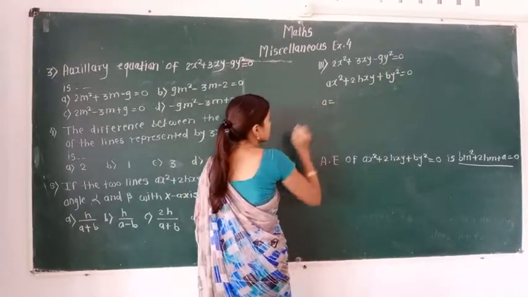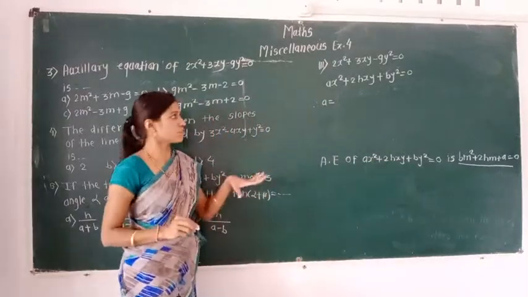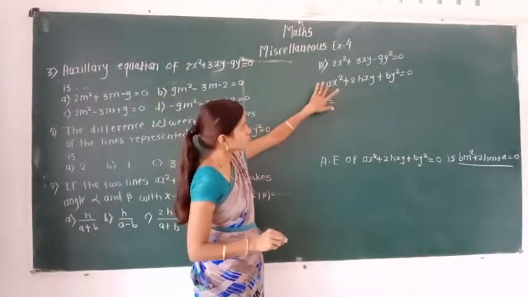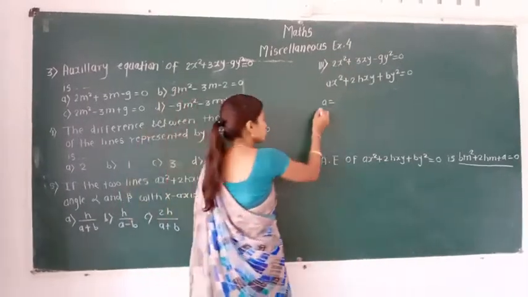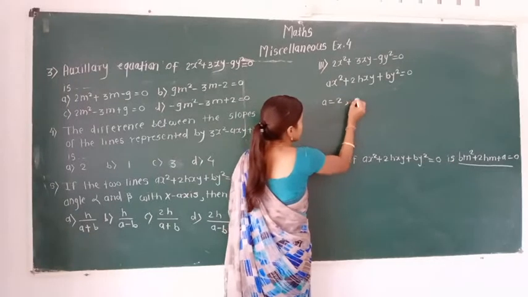We know that a is the coefficient of x square, and in this equation the coefficient of x square is 2. So take a is equal to 2.